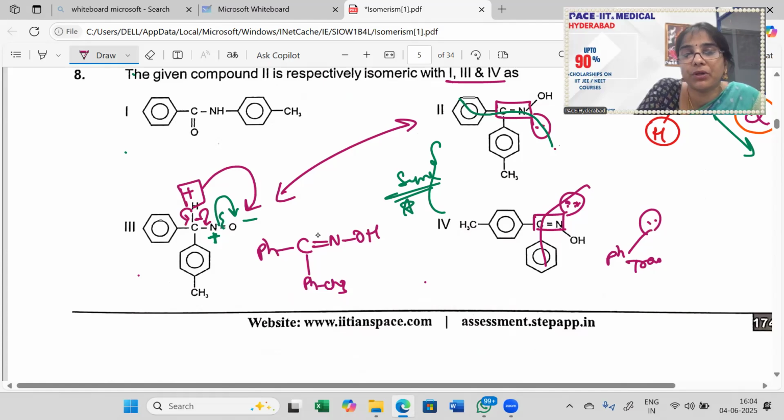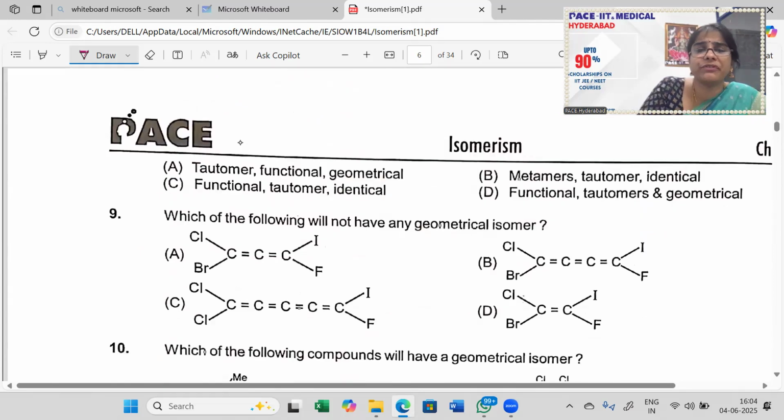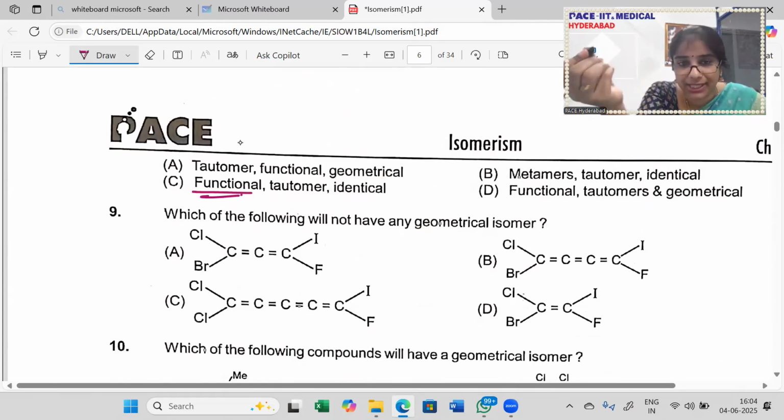So you have a double bond O onto the carbon here, right? So which means your carbon double bond O and NH groups. That is the amide group given to me in the first question, and the rest of them are not amide groups. So therefore, the first one is my functional isomer.